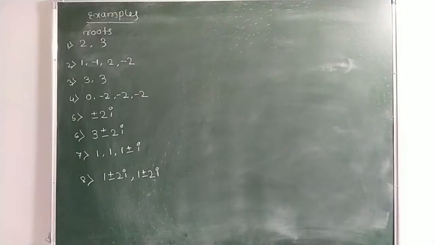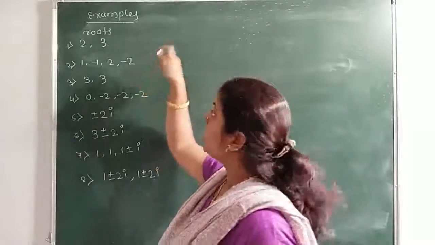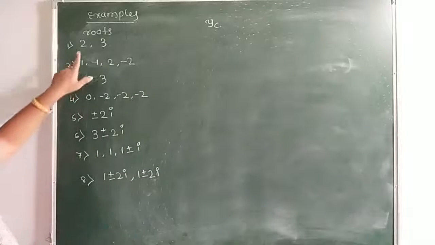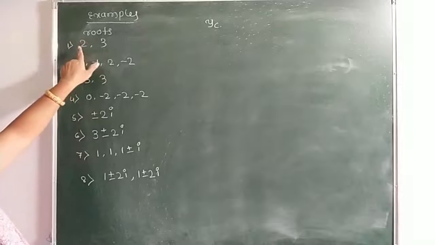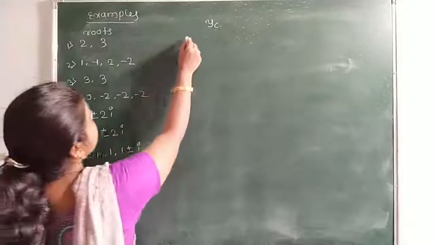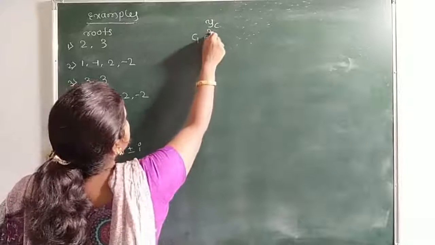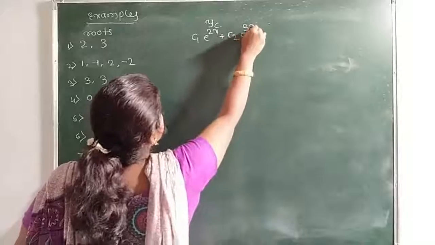Now we take examples of roots and write the complementary functions. If the roots are 2, 3, which are different, then we write c1 e to the power 2x plus c2 e to the power 3x.